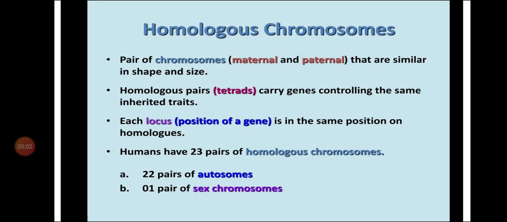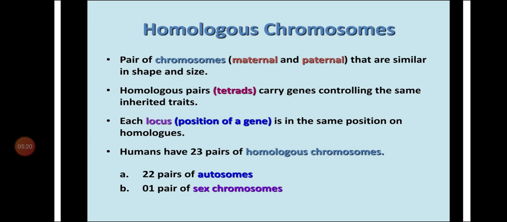Humans have 23 pairs of homologous chromosomes. Out of those 23 pairs, 22 pairs are autosomes and 1 pair is the sex chromosome.